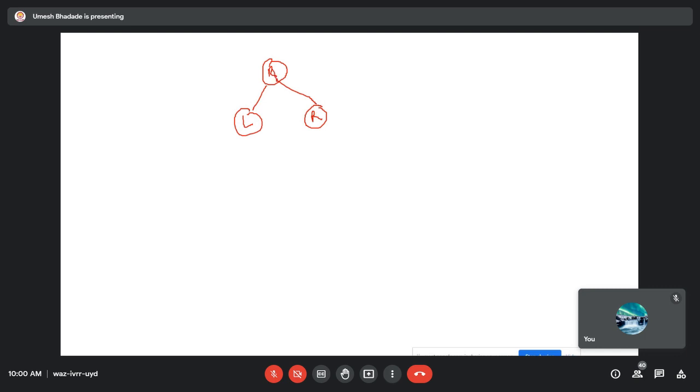I will write T here, T for tree. So this is the root node, and this is the left and right. So I will consider trees having a maximum of two children. It may have zero, or it may have one. The left may have only one node, and the right may have two nodes, right?